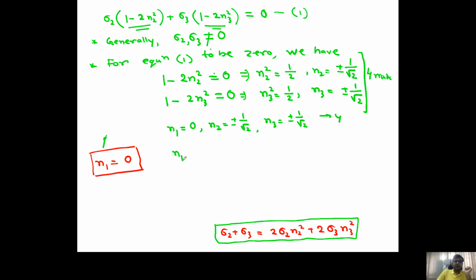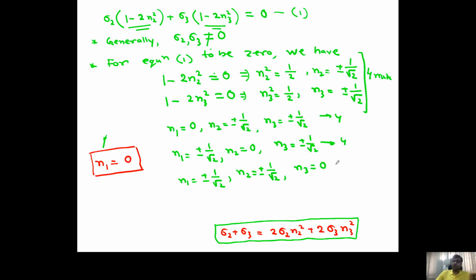Then your N1 can be plus minus 1 by root 2, N2 is equal to 0, N3 is equal to plus minus 1 by root 2. Another 4 sets of results. We now have 8 sets of results. And then we have the last set. N1 is plus minus 1 by root 2, N2 is plus minus 1 by root 2, and N3 is equal to 0.